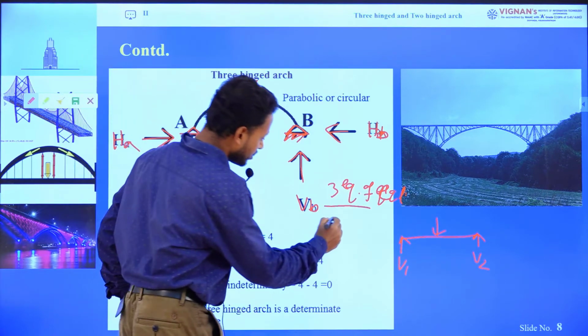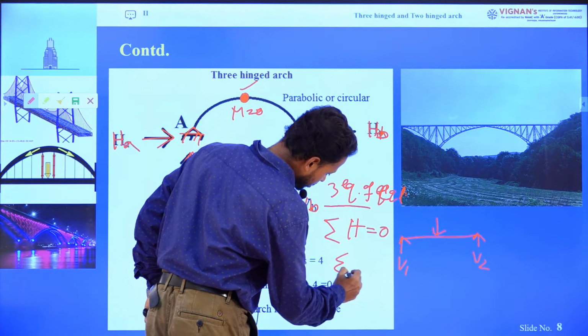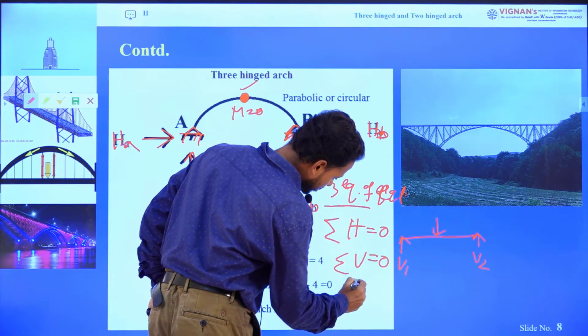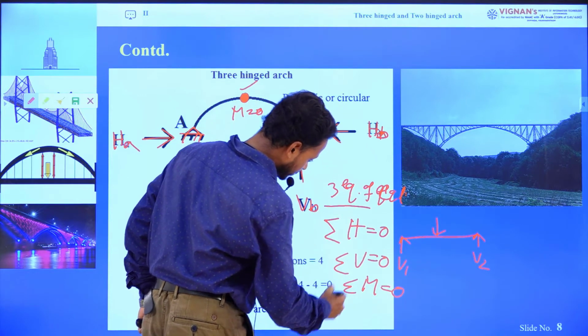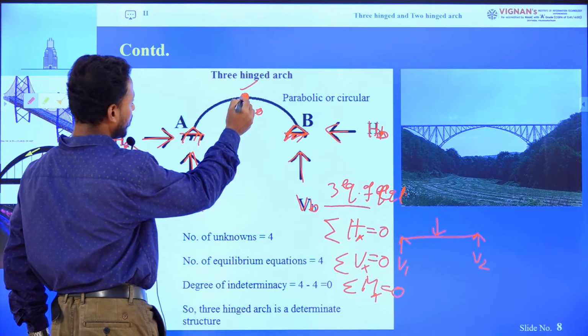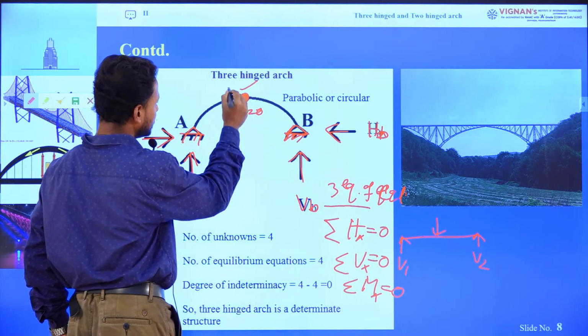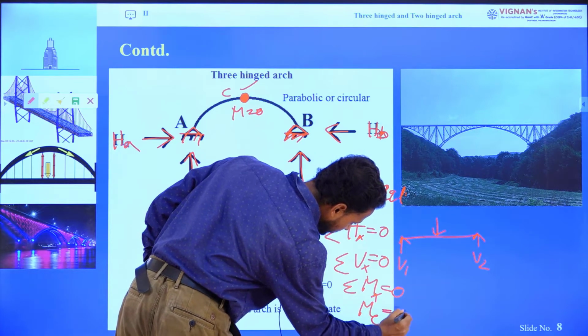So we have sum of H equals 0, sum of V equals 0, sum of moment equals 0. Suppose this is x and x, and at this point the moment is 0. So if this is point C, then MC will be 0.